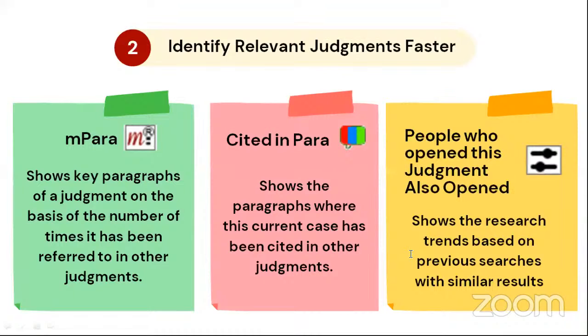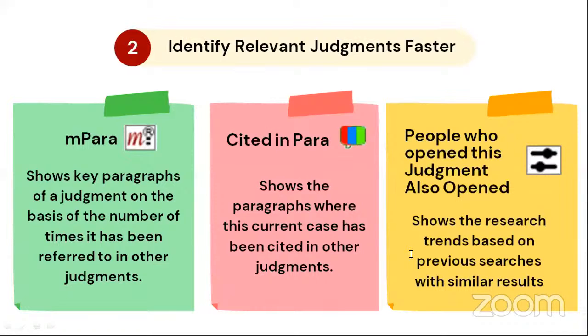The next is "people who opened this judgment also". I'm sure on e-commerce websites and everywhere you would have seen this feature that if you're checking out a product, what were the other products that people also saw. Similarly, research trends can be similar. So the Manupatra algorithm, using its technology, deciphers these legal trends and then presents to you in the form of this feature.